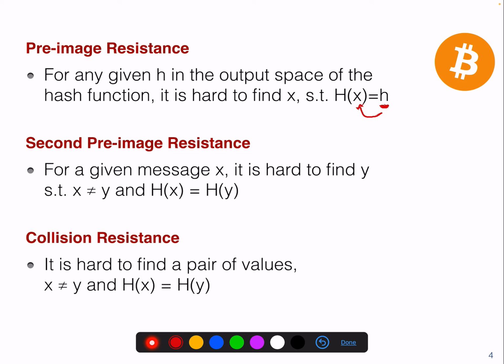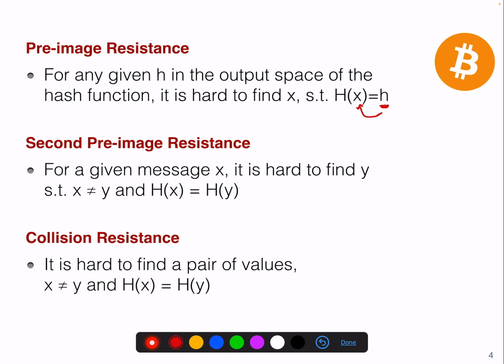Second preimage resistance: for any given message x, it is hard to find y such that x is different from y and the hash of x equals the hash of y.